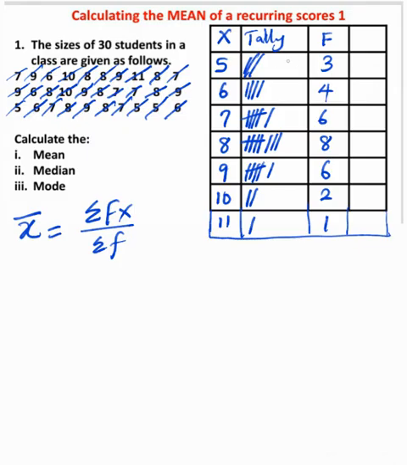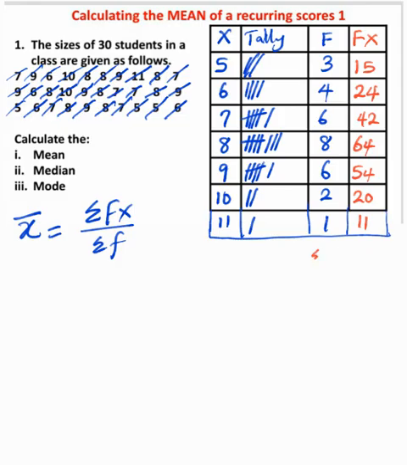So we have 5 times 3, 15. 6 times 4, we have 24. 7 times 6, we have 42. 8 times 8, we have 64. 9 times 6, we have 54. 10 times 2, 20. And 11 times 1, we have 11.